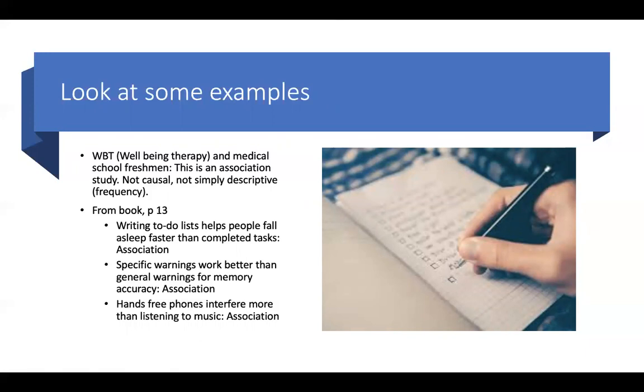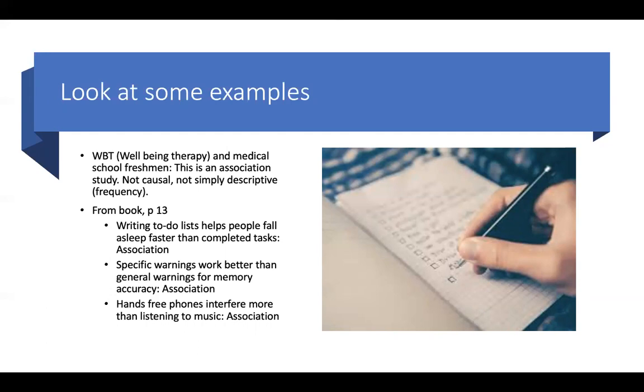Well-being therapy causes you to have more adaptation and less distress. But we can't say it causes it, because there are other explanations that we can't fully control. So we can say there's a strong association. And that's probably good enough for most people. It's good enough for me in many ways. If there's an association between having well-being therapy and then feeling better, then I would recommend well-being therapy.